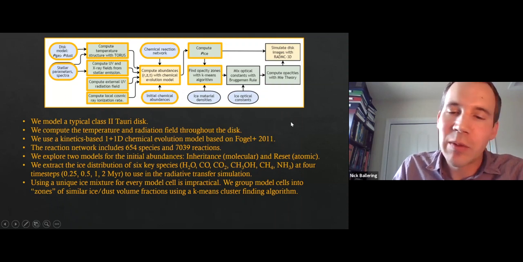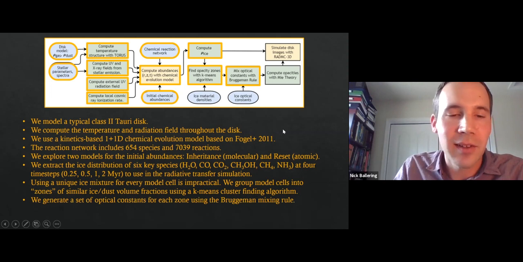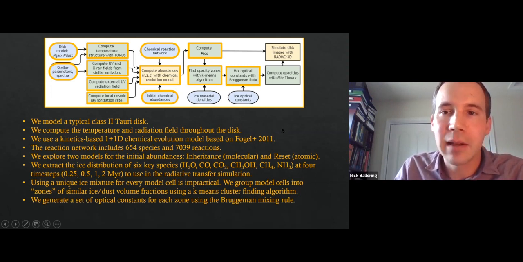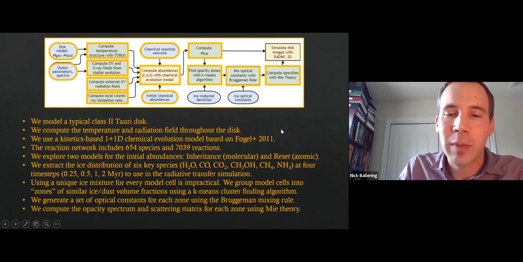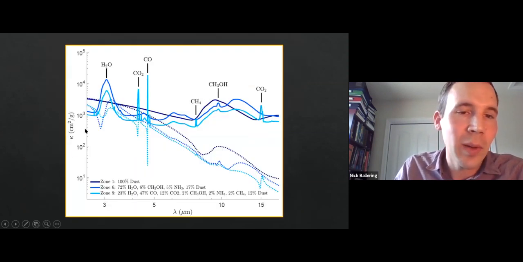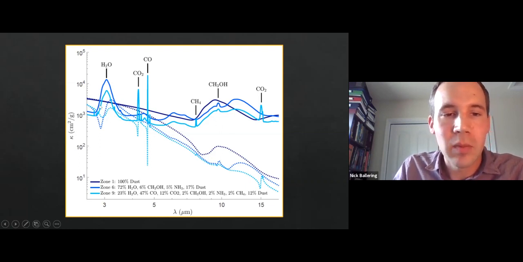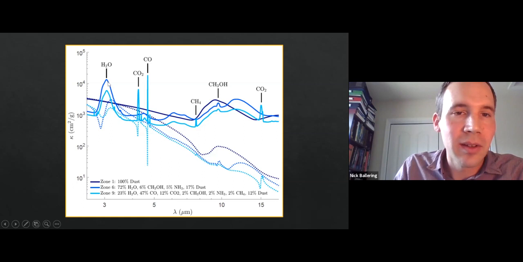So when we've simplified the problem, for each of those zones we mix the optical constants of the constituent ice and dust species using the Bruggeman mixing rule, and then use Mie theory to compute the opacity spectra and the scattering matrix. Here's an example of what our opacity spectra look like in the end for 3 different zones. The dark blue line is for the zone that has dust only, no ice. This darker blue line here has a lot of water in it.